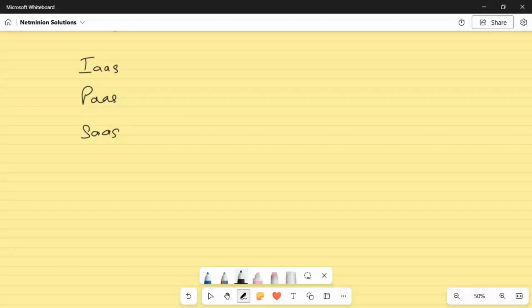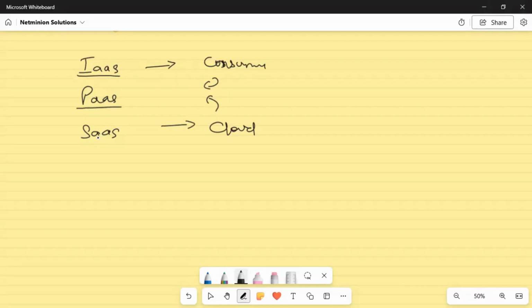But in IaaS, your major responsibility is with the consumer, and here the major will be with the cloud. And in between these two, there is PaaS, which is platform as a service. This is infrastructure as a service, platform as a service, and software as a service.